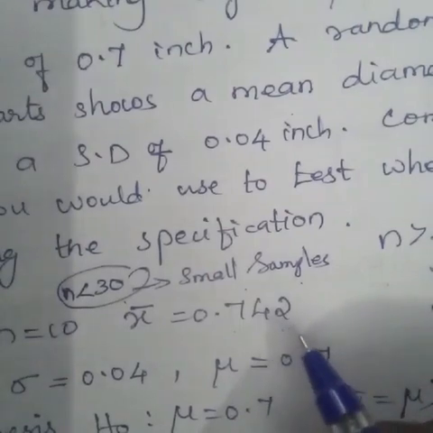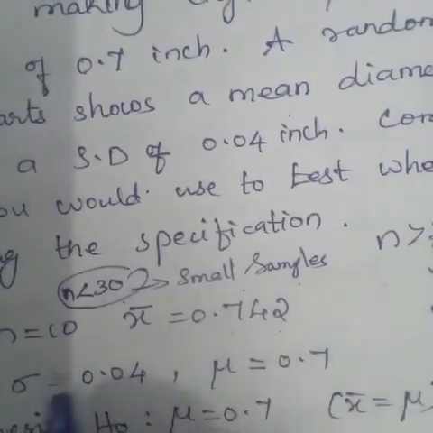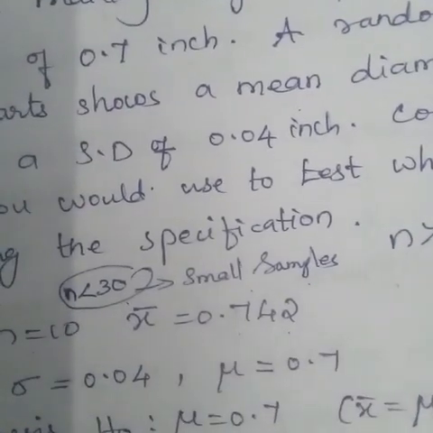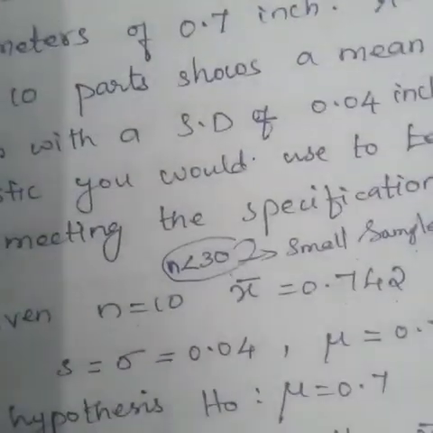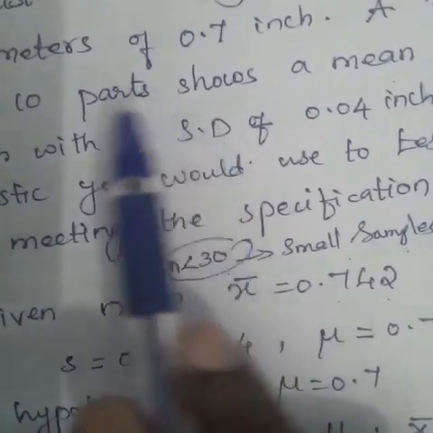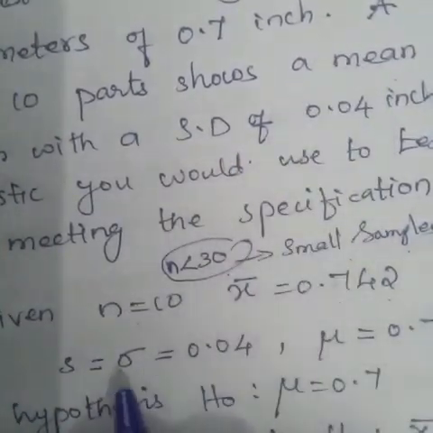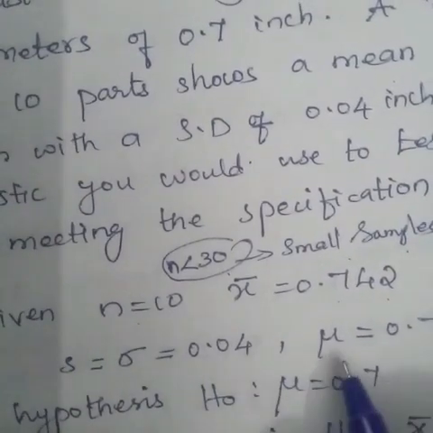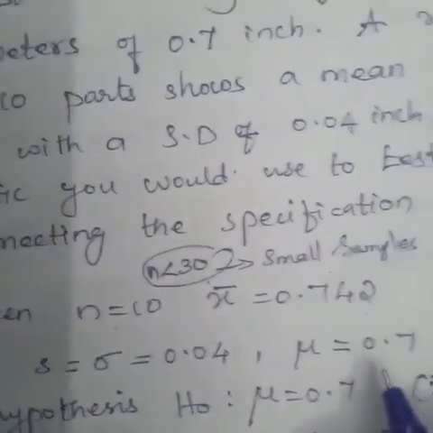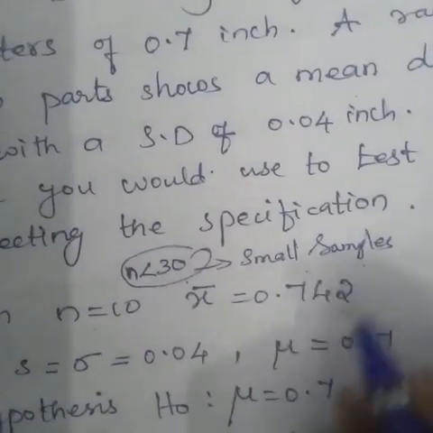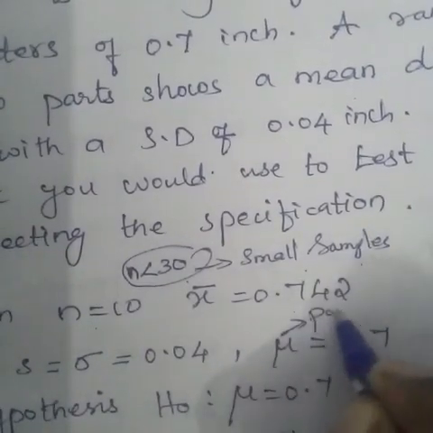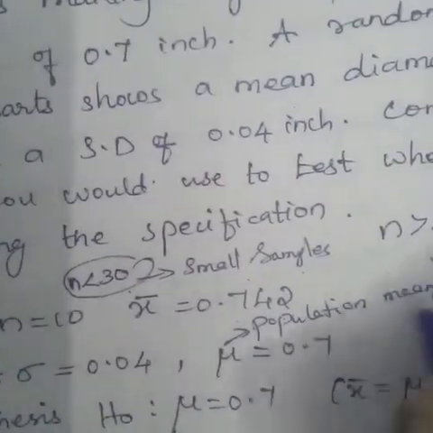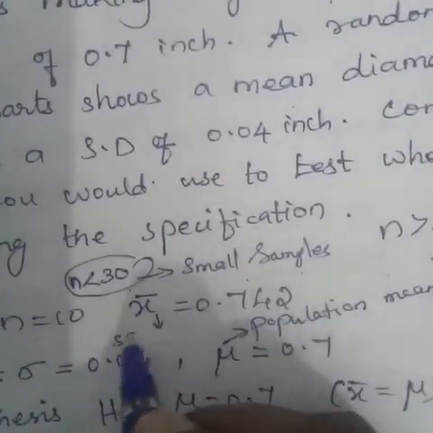So n is 10, x bar is 0.742. The standard deviation of the sample parts, s or sigma, is 0.04, and mu is 0.7. Mu means population mean, and x bar means sample mean.